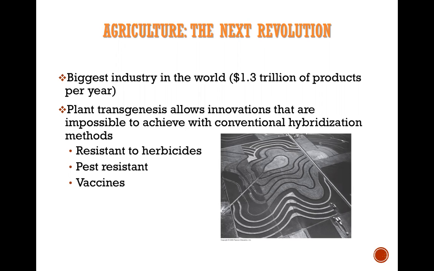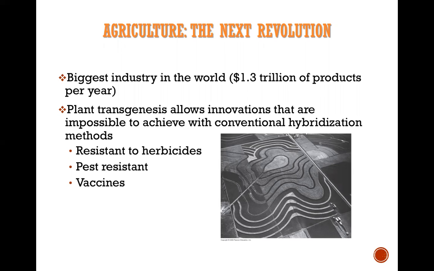Today, to meet the demands of the growing population, there is a need for increased food supply. One tool in the toolbox of plant biotechnology is to utilize transgenic plant biotechnology. And that involves taking a gene of interest from a non genetically related organism and placing it into a plant for a desired characteristic.